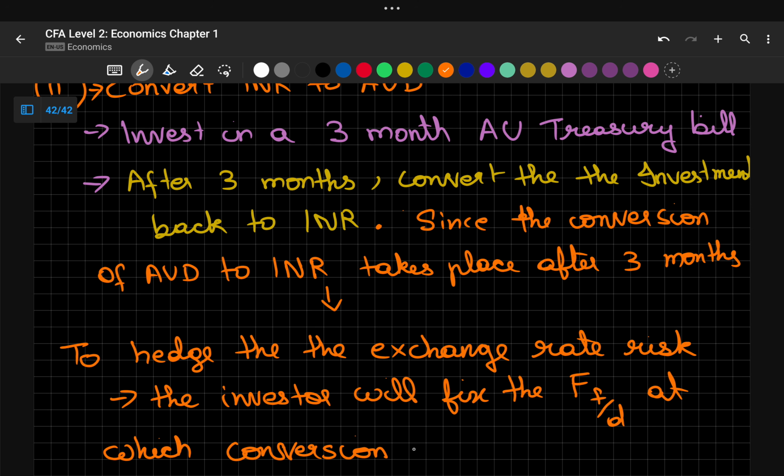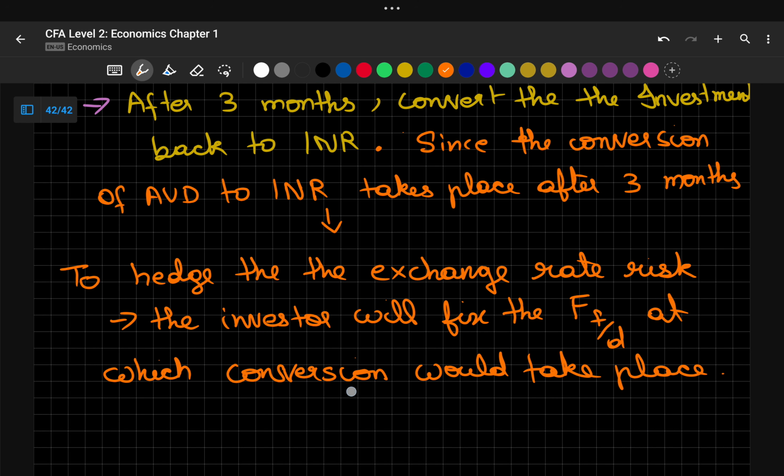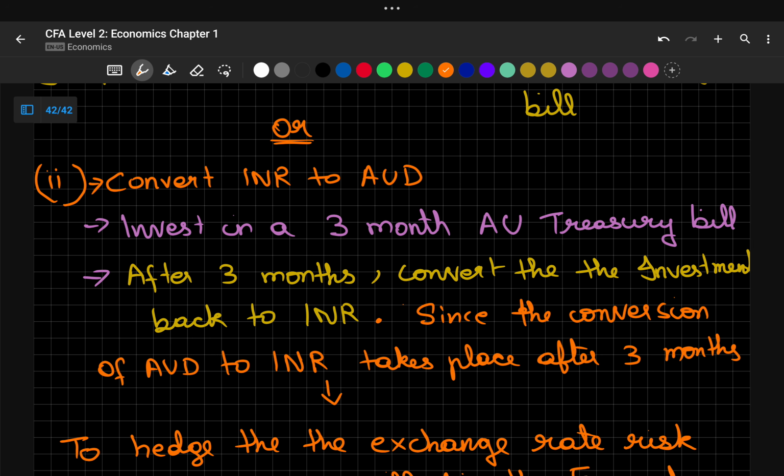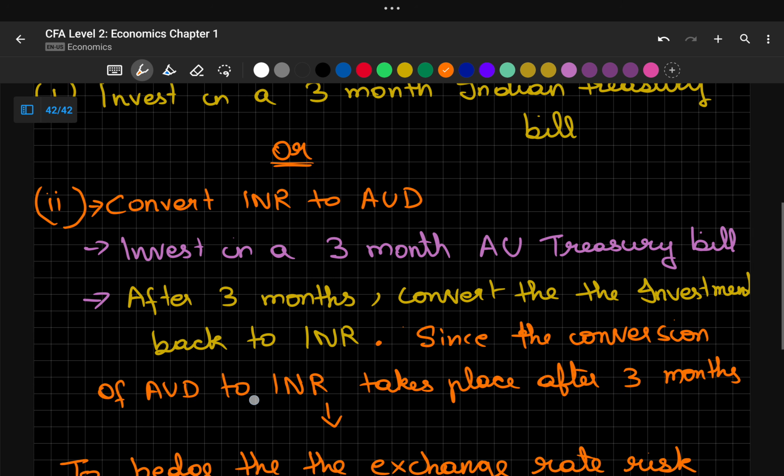That's how the investor will hedge his risk of converting AUD to INR back after 3 months, because he won't know how the exchange rate would move, right?